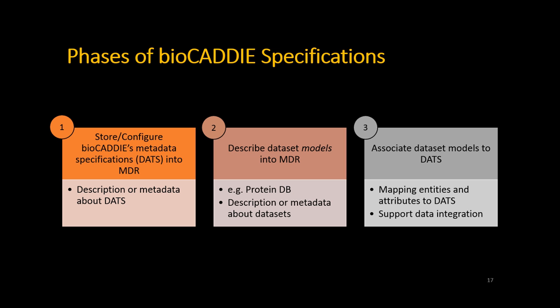At our site, we call them data sources, but I think in your case, your main focus is data sets. And those data sets have a data model. So phase 2 would be to configure those data models into the MDR. And lastly, the third phase would be creating association or mapping from your central model, which is the DATS model, into the dataset models.